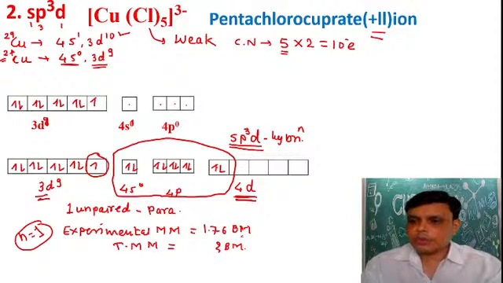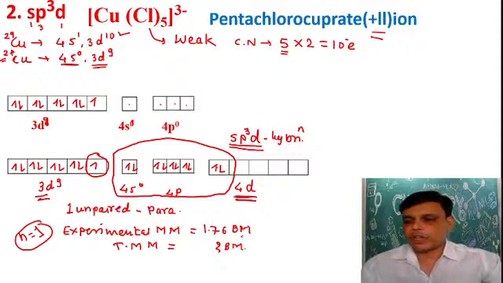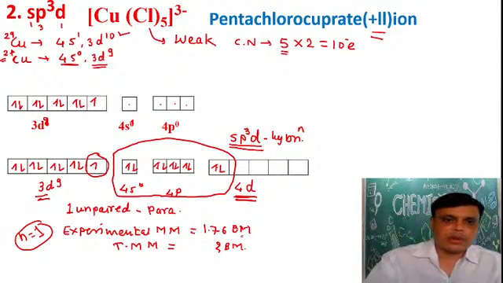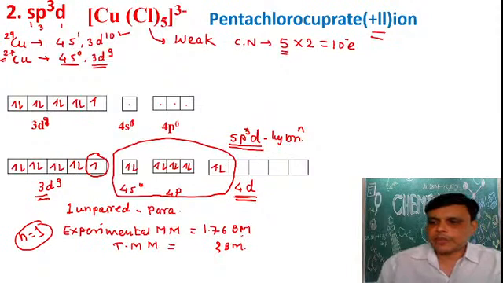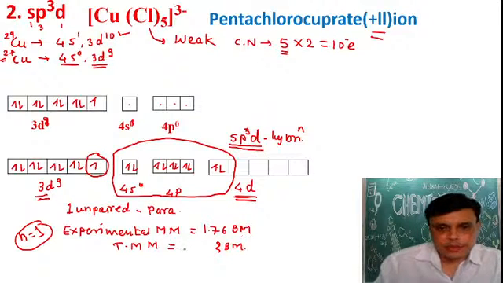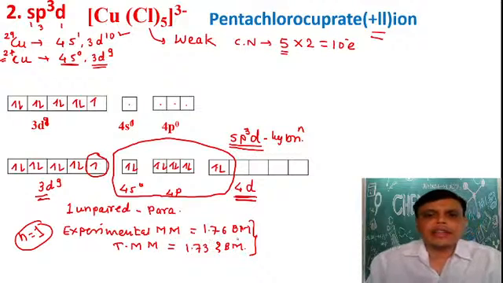1.73. कृष्ण प्रिया, ग्रीशा ने बोला है 1.41. 1.41 नहीं होगा. ग्रीशा एक बार फिर से कैलकुलेट करो. Its theoretical magnetic moment is... No, it is not 1. So, 1.73. That means this theoretical or calculated magnetic moment and the experimental one are nearly the same.